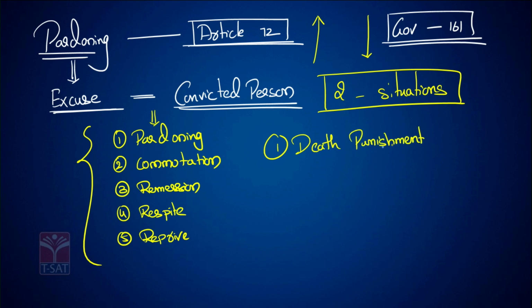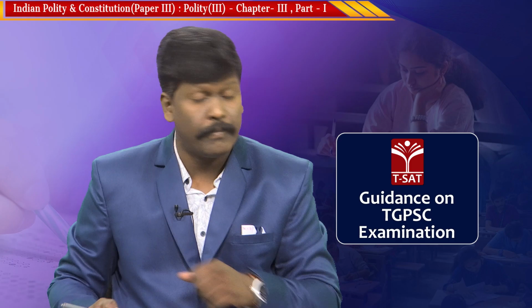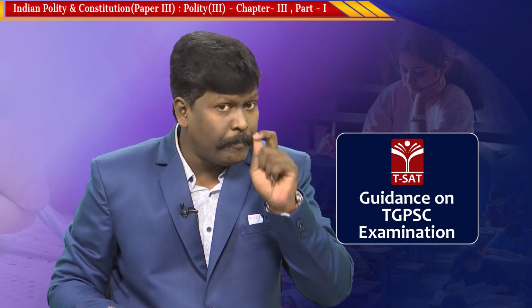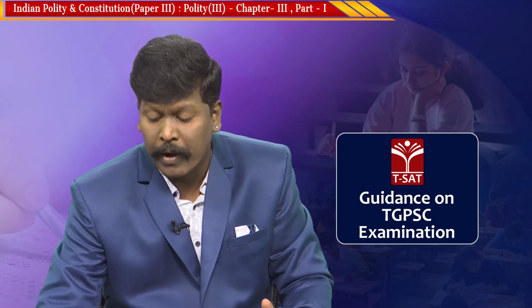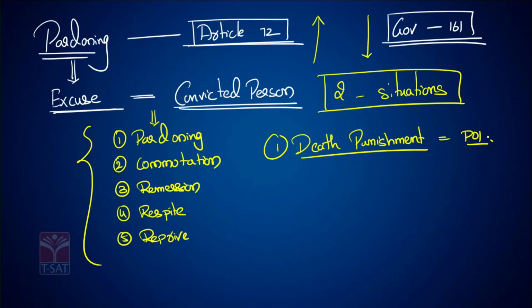This is also called capital punishment. A death penalty or capital punishment can be pardoned only by the President of India. Two, punishment given by martial courts.